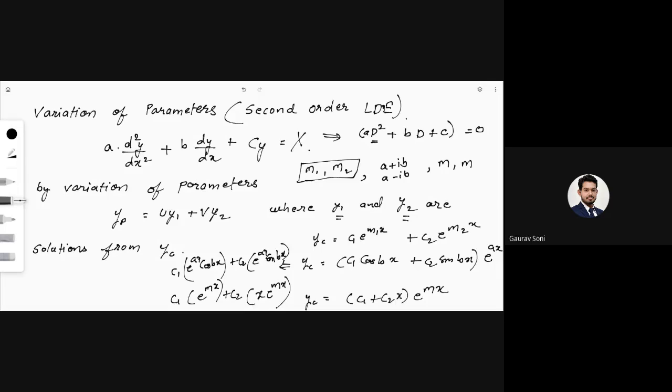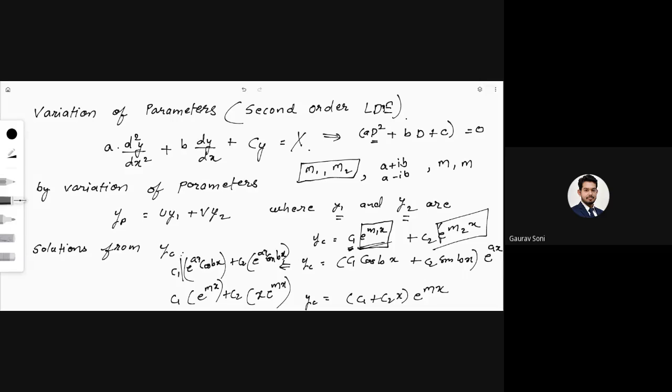So what I mean by y1 and y2 is whatever functions c1 and c2 are associated with, those are my y1 and y2. In the first case, with c1 you have e to the power m1x, so that will be y1, and this will be y2.